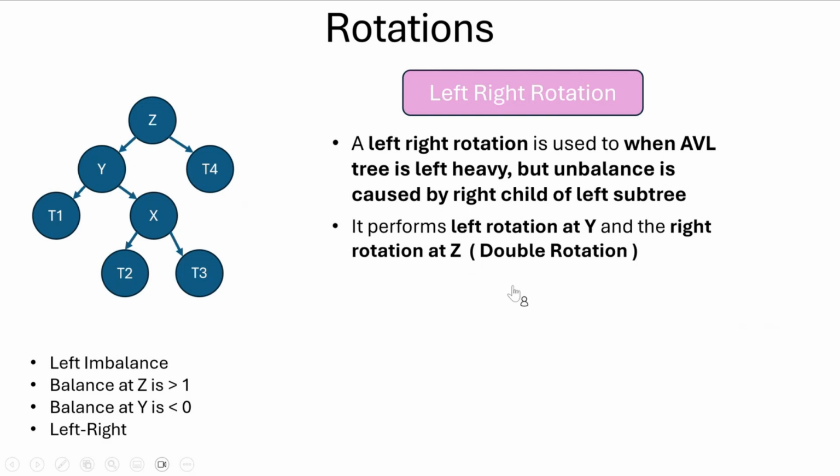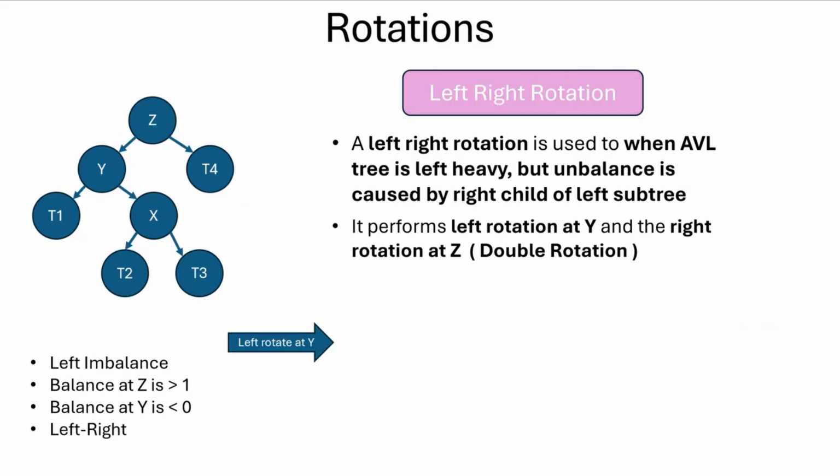We explained that in much detail in our previous video, so please go and check it out. If you don't do the double rotation, the tree will still be unbalanced. That's why we need a double rotation. This is the high-level reasoning behind it. For more details, you can check out the previous video.